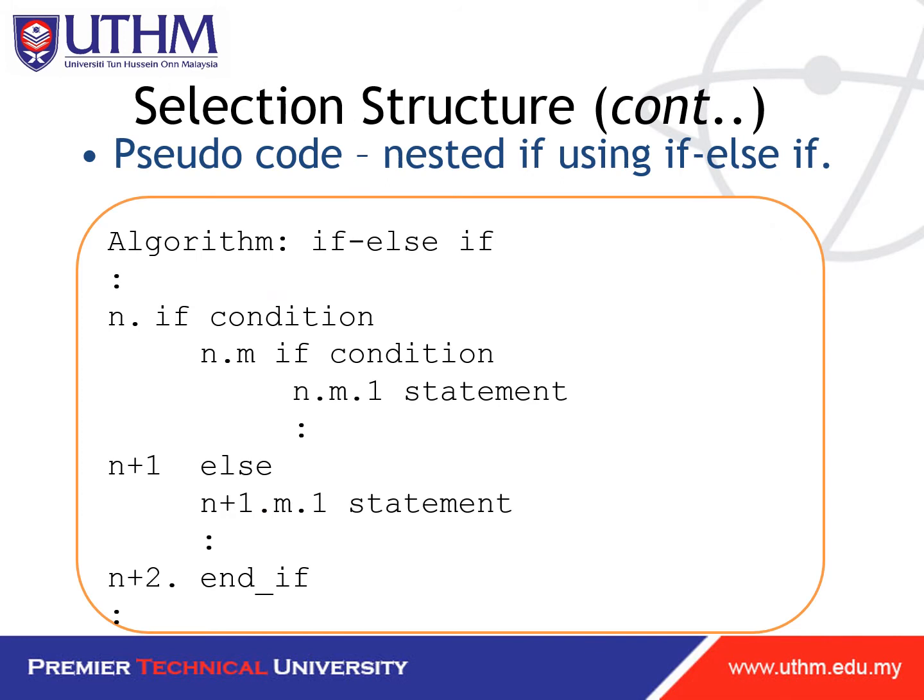Next, pseudocode for a nested if using if-elif. This is a multi-way option, so you will have if, elif, until the end. You will have if, and in the if you have another if, and then you have else, and many if conditions.